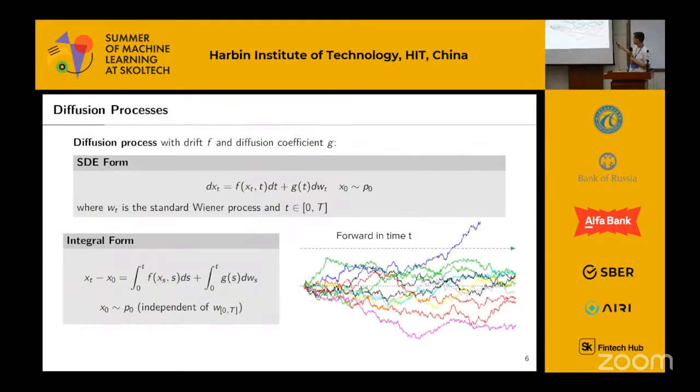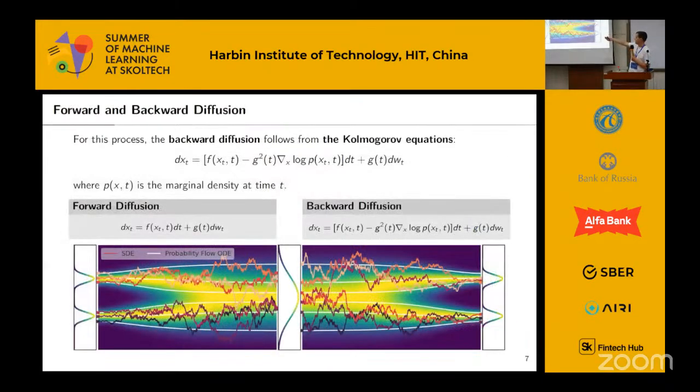First, the drift coefficient of this diffusion will slightly differ from the forward drift, and we will need to add the so-called score function. I will explain what that is later. Second, the time here should flow backwards. So basically, this should be a Wiener process in which the time flows not forward, but in backward time.